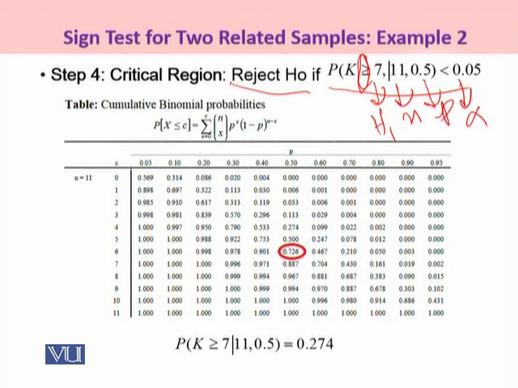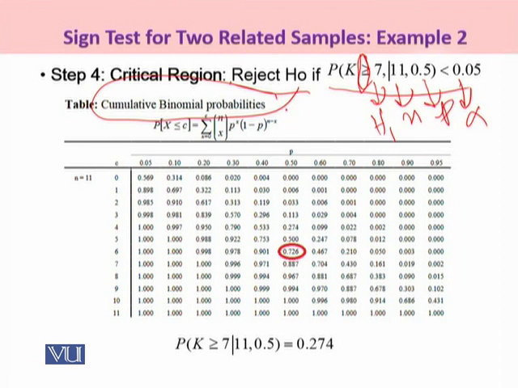We expected more positive signs, and our sample has shown that there are more positive signs. In order to find this cumulative probability of greater than or equal to type, I have considered the cumulative binomial table. If we want the probability of k greater than or equal to 7, we follow the complement rule, because we would have to calculate all the probabilities greater than or equal to 7.